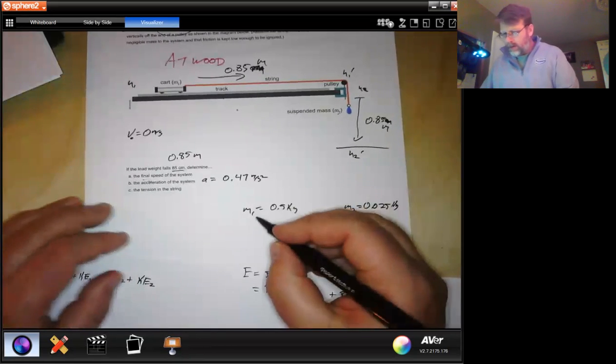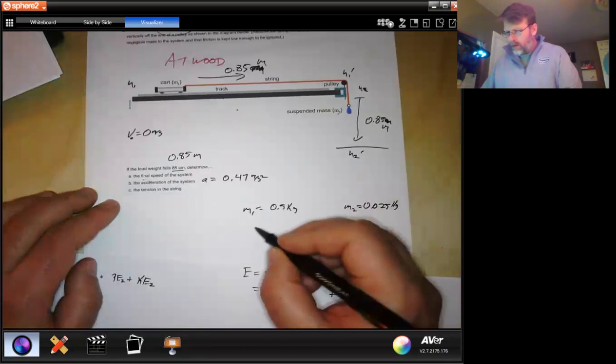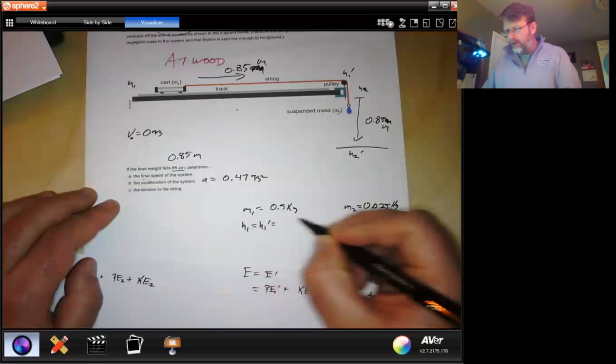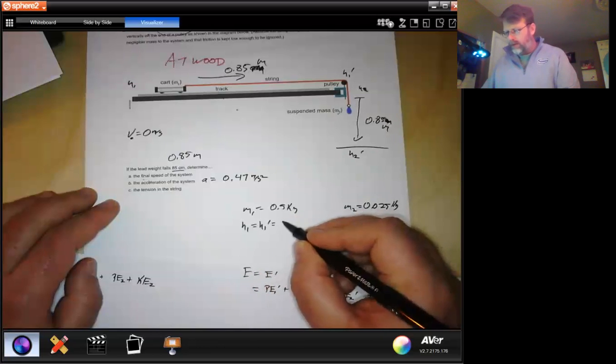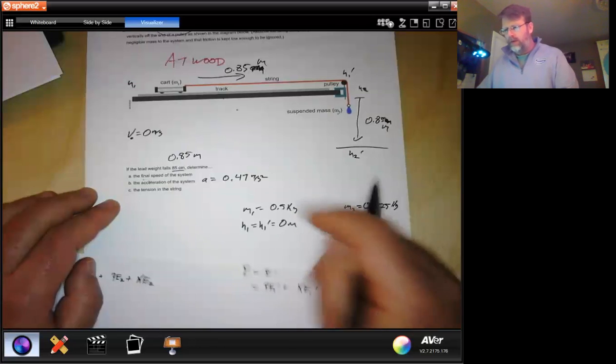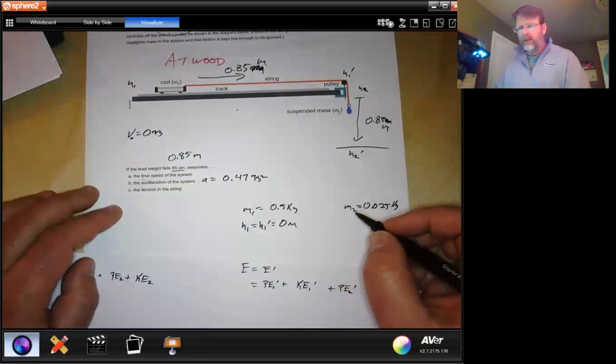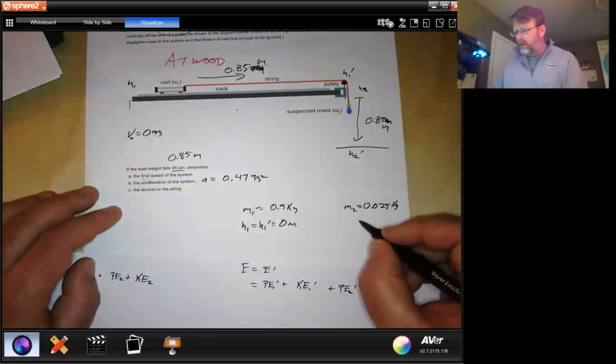Okay, and then what else did we know? H1 and H1 prime did not change. So I can call that 0 meters. You could have said 0.85 and 0.85, but the fact is that it's not going to change. So there's going to be no change in potential, which is going to be an advantage for us.